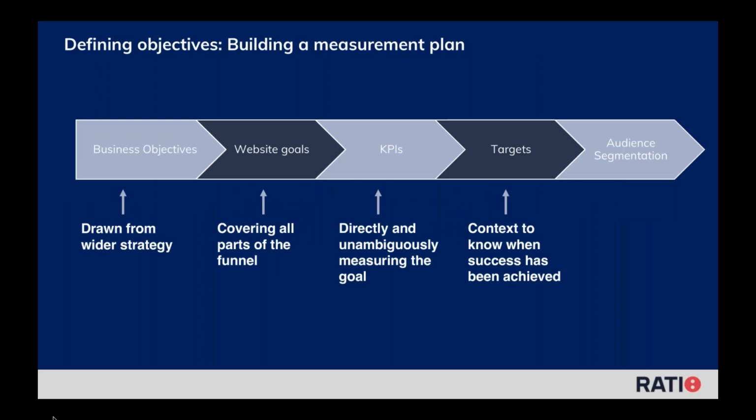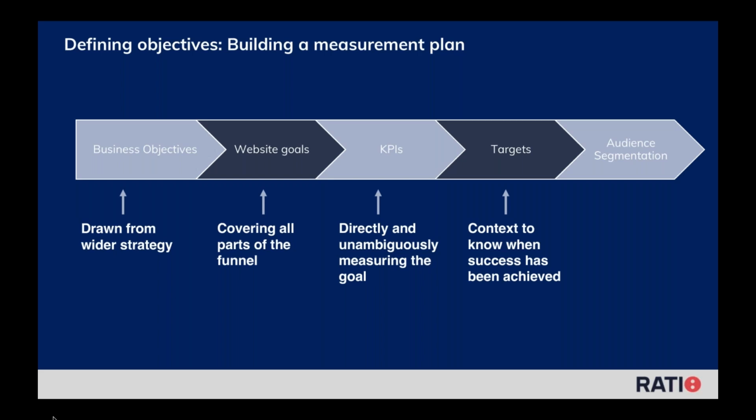So I want to talk about a measurement plan first. And this is really fundamental when it comes to experimentation, or indeed any marketing activity, but it's something that regrettably a lot of organizations don't have in place and haven't put robust thought into.